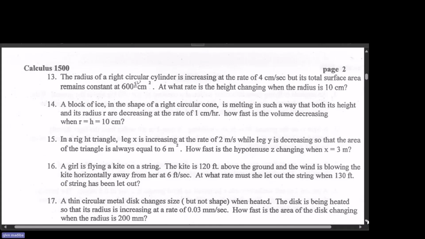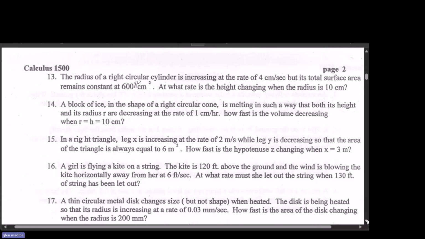How should I start? Okay, this is how I should start. From the first sentence, they are saying a thin circular metal disc changes size, but not shape when heated. Clear? I just repeated what was read out for us.